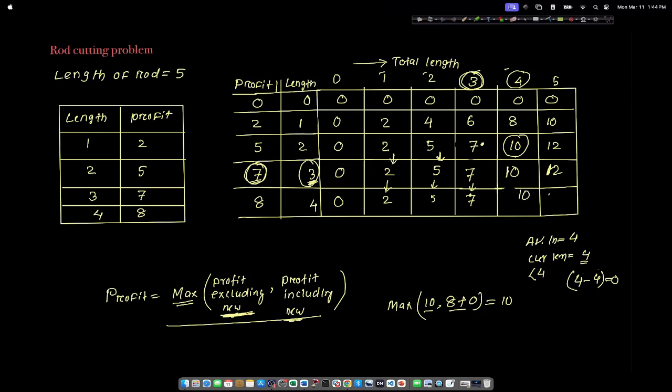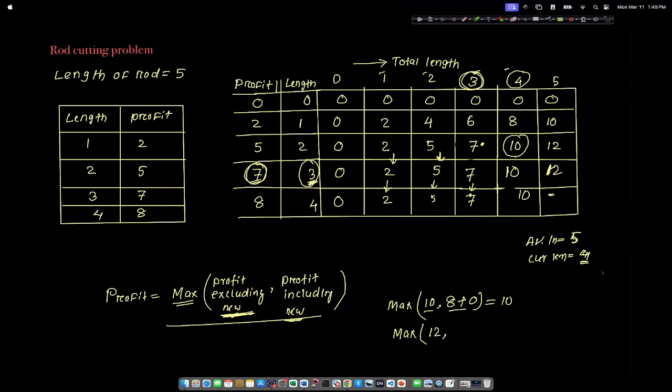And for this cell, we'll calculate the maximum according to this formula. Here, available length is 5 and current length is 4. In this formula, it will be the maximum of the profit excluding the new, that we will get from the upper cell, which is equal to 12.